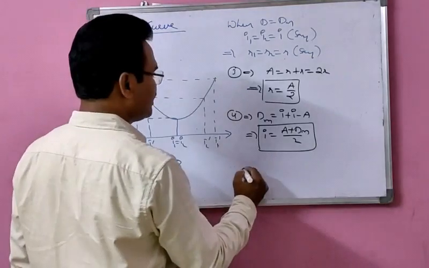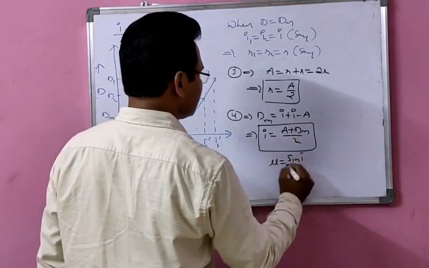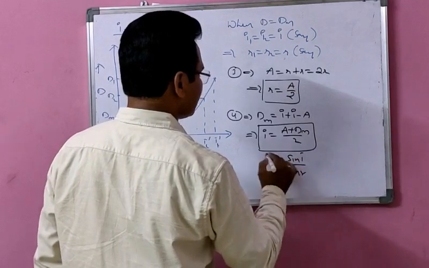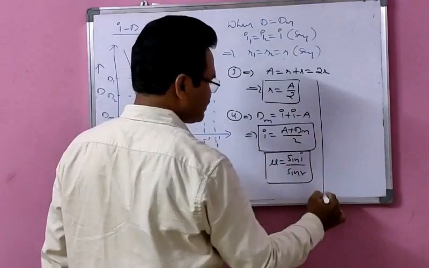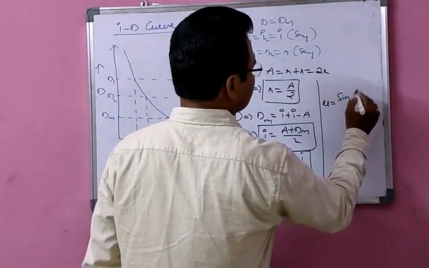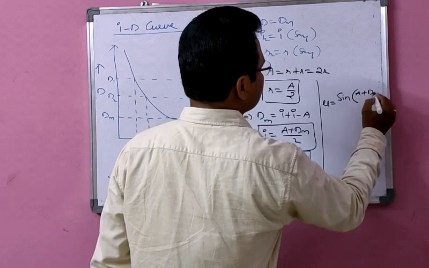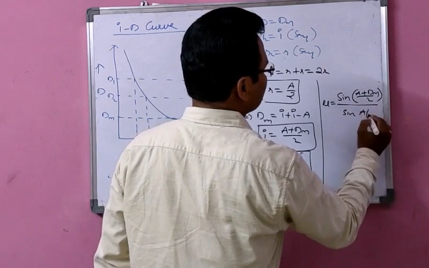Now, what is Snell's law? You know Snell's law, mu equals sin i by sin r. Substitute the values: mu equals sine of A plus DM by 2 divided by sine of A by 2.